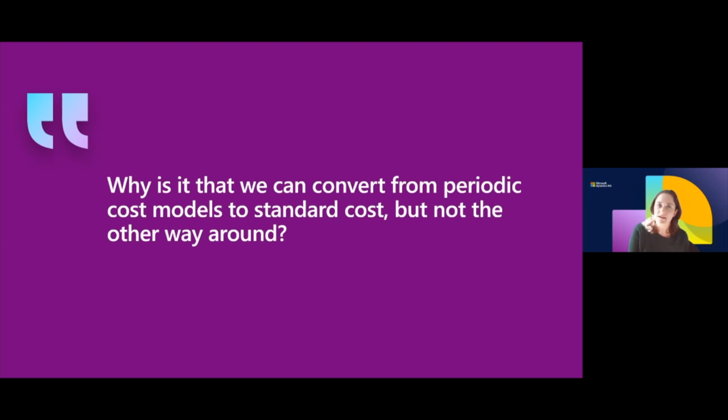So that's why the change isn't allowed in the system to go from standard to periodic costing. If you do need to make this change from a business requirement perspective, the recommended method of doing so is to create a new item with your new cost model and then do an inventory journal to reduce the inventory of the old item and increase it with the new item.